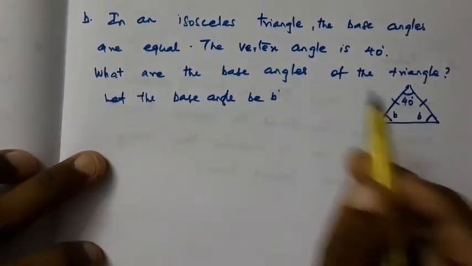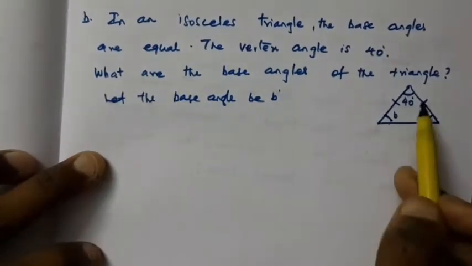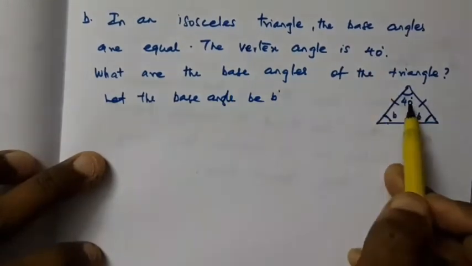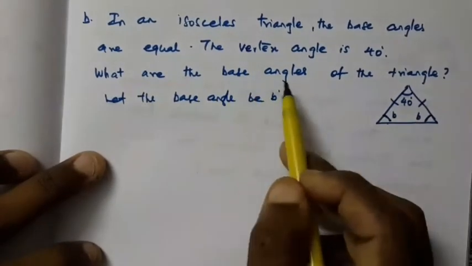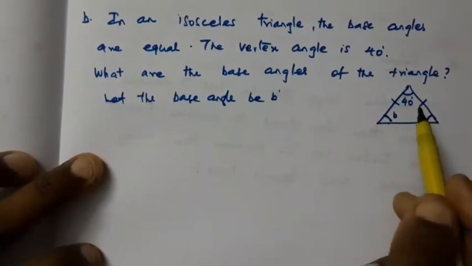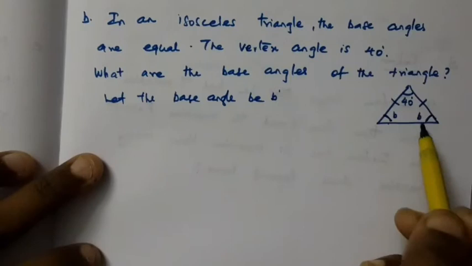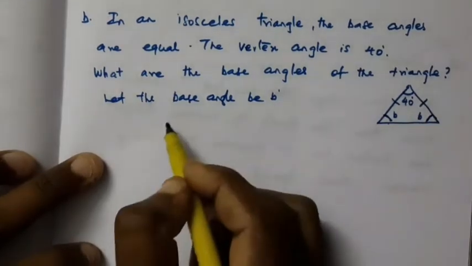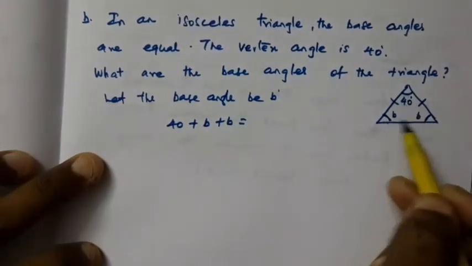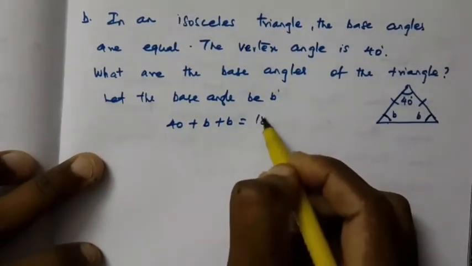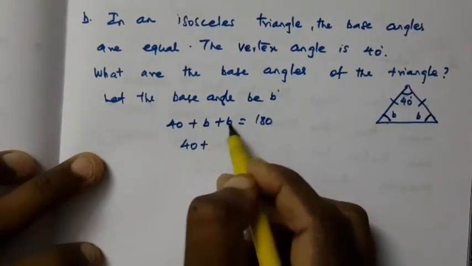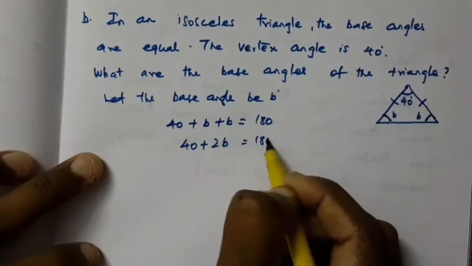Now they have asked for the base angles. In an isosceles triangle these two angles are equal. The vertex angle is 40. We have to find the base angles. We know that if you sum up all the angles in a triangle, it should give 180, which means 40 plus B plus B. This is 40, B plus B is 2B, that is equal to 180.